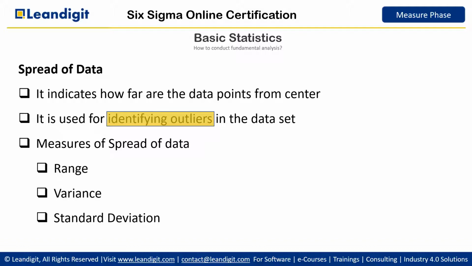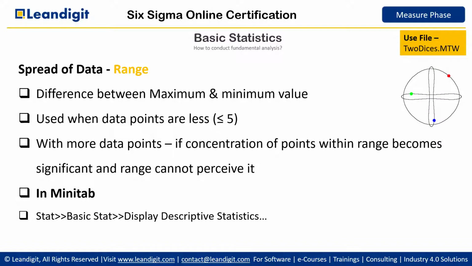of the data. Three methods for identifying spread of data are range, variance, and standard deviation, about which we'll discuss one by one. Range. Range of data is the difference between maximum value and the minimum value. It is used when data points are less than or equal to 5.